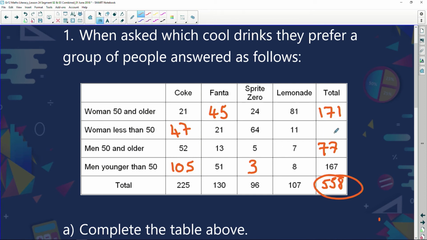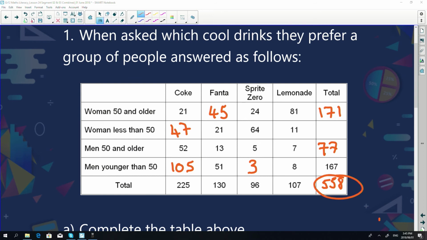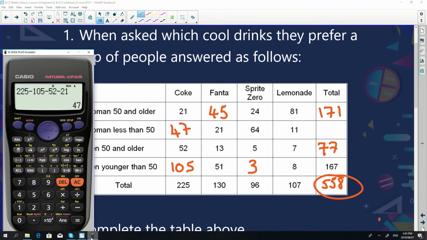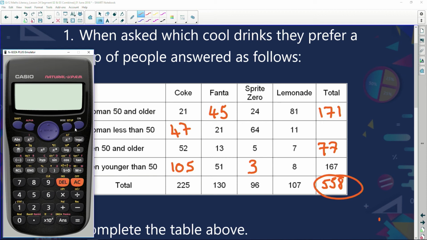Now we can fill in our final missing value. We can do that one of two ways. Either we add these values and get my total, or we can say 558 minus these values to tell me how many women less than 50 we actually interviewed. Let's do it by just adding up.